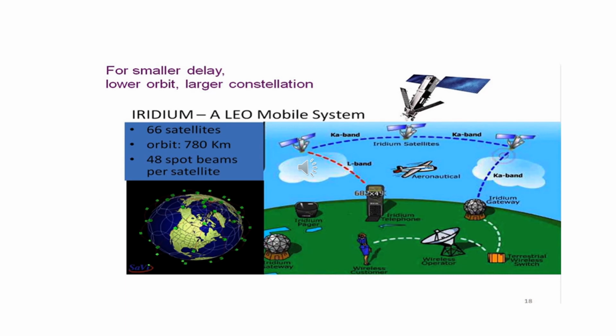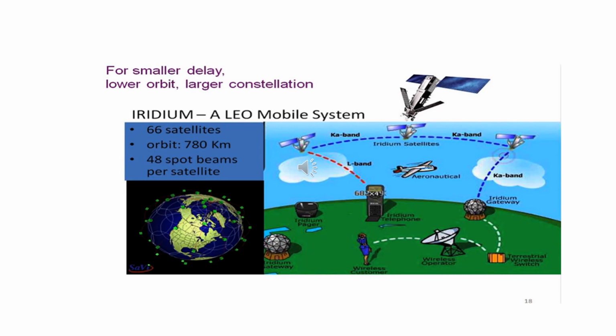For smaller delay, we need a satellite which is near to the Earth's surface, which means its orbit should be near to the Earth, and it is known as lower Earth orbit. So Iridium is a LEO mobile system. You can see here these are the satellites which are near to the Earth surface.